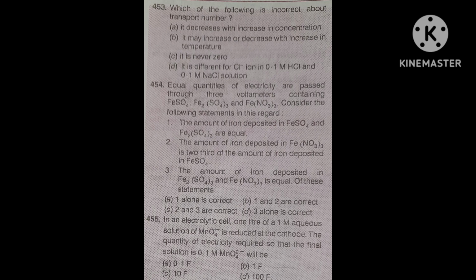Minus 0.577 is equal to 0.0591 into log KSP. Then log KSP is equal to minus 0.577 divided by 0.0591.